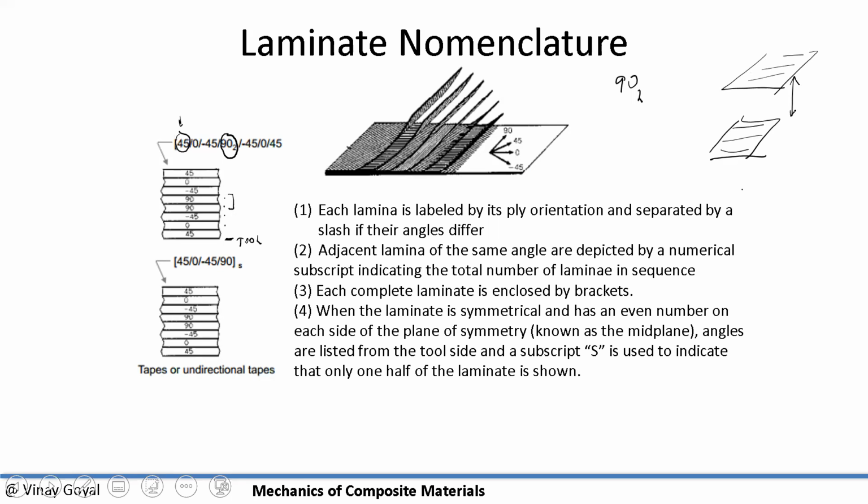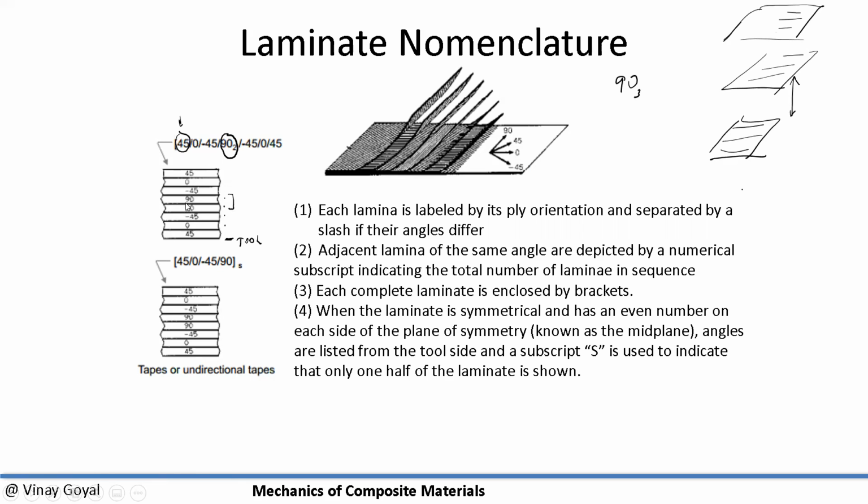If I have 90 with a subscript 3 instead, then I have 3 plies that are adjacent to each other that share the same ply orientation. Okay? Then after that, I have minus 45, 0, and 45. Okay, that's what I have.